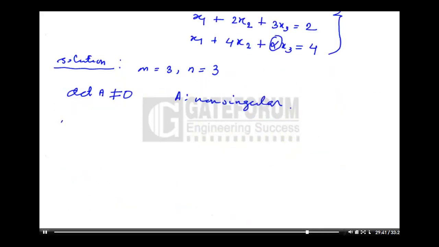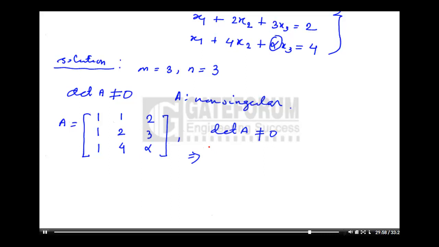Here the coefficient matrix is this: 1 1 1, 1 2 4, and 2 3 alpha. So the system will have a unique solution if determinant of A is not equal to 0, which implies 2 alpha minus 12 minus alpha minus 3 plus 2 into 2 is not equal to 0, which implies alpha is not equal to 5.